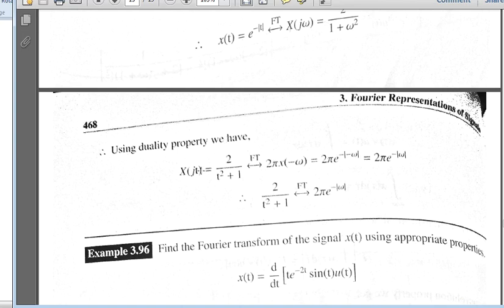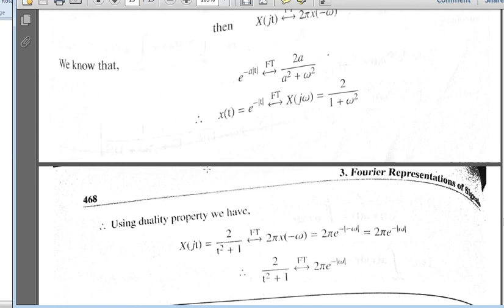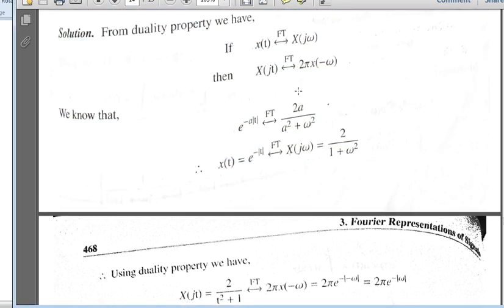So omega and t are replaced. This x of j omega, here we write t and 2 divided by t square plus 1. A duality property, which says that x of jt is equal to 2 pi x of minus omega.